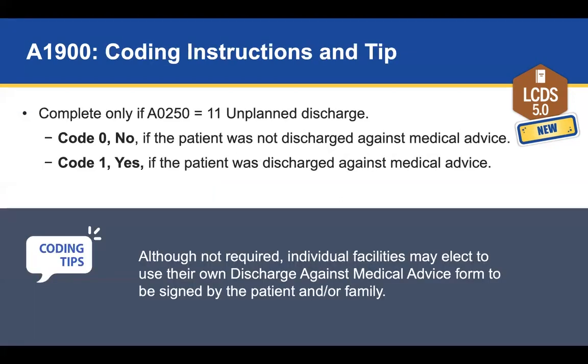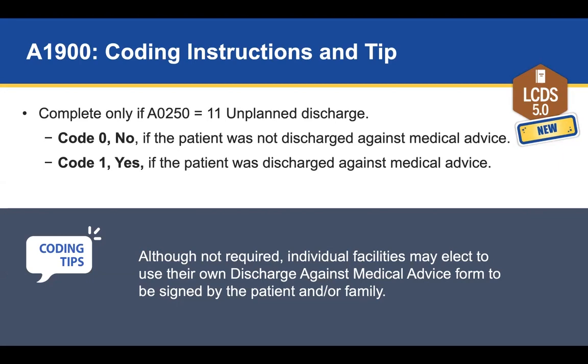Again, this data element is only completed on the unplanned discharge assessment, denoted when A0250, reason for assessment, is coded as 11 on the LCDS. The assessor would enter code 0, no, if the patient was not discharged against medical advice.